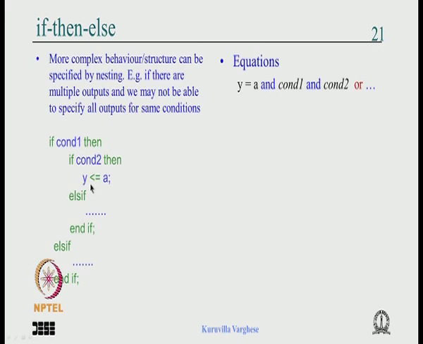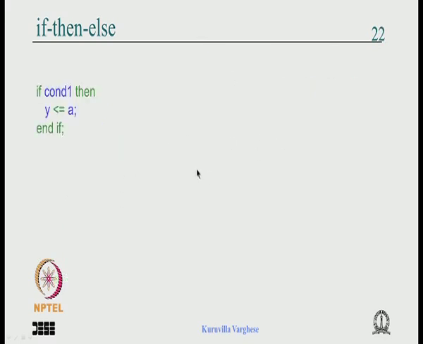You can think of nesting in various ways. When you write an if under an if, it translates to condition 1 and condition 2, and when you come to the else, condition 1 and not of condition 2, and so on. So you can work it out.